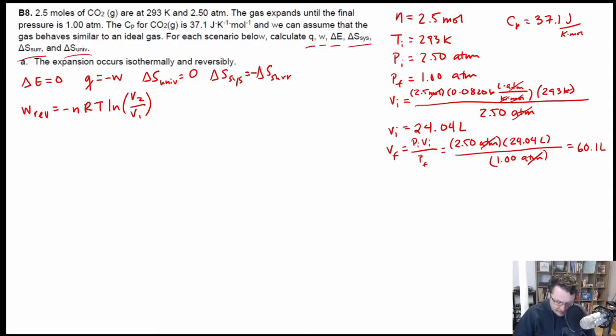Now we have V final and V initial, so we can plug them in up here. We have negative, and then the n value is 2.5 moles.